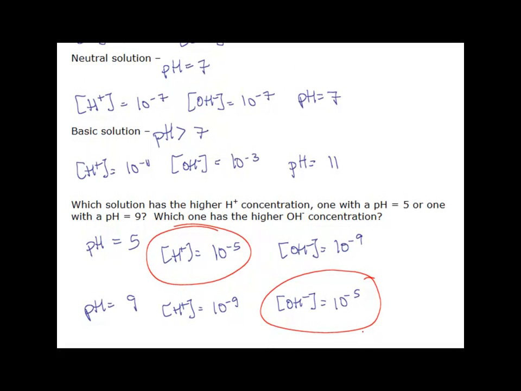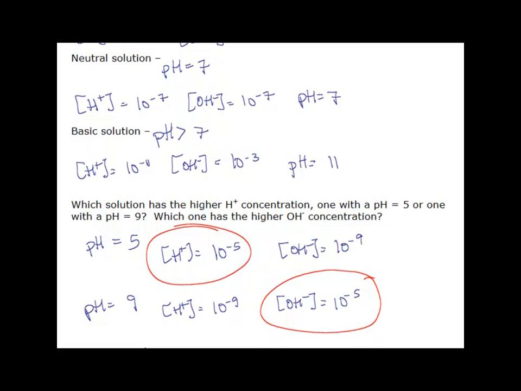So, what do you guys think about soda? Do you think it's acidic or basic? Turns out that soda is acidic. It has a pH of about 3. A lot of students think soda is really not that acidic.